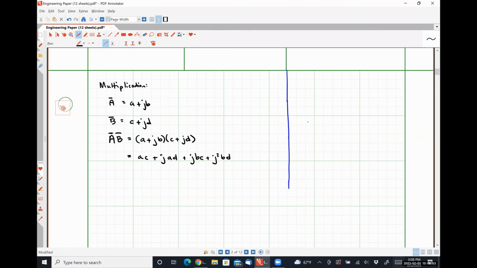So I'm going to put J to the first power here in the middle. And as a reminder, this is equal to the square root of -1. J squared is just J times J, so this should be -1.